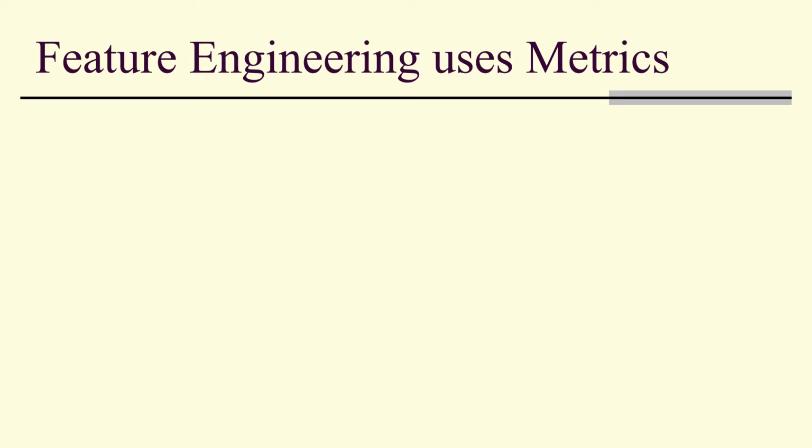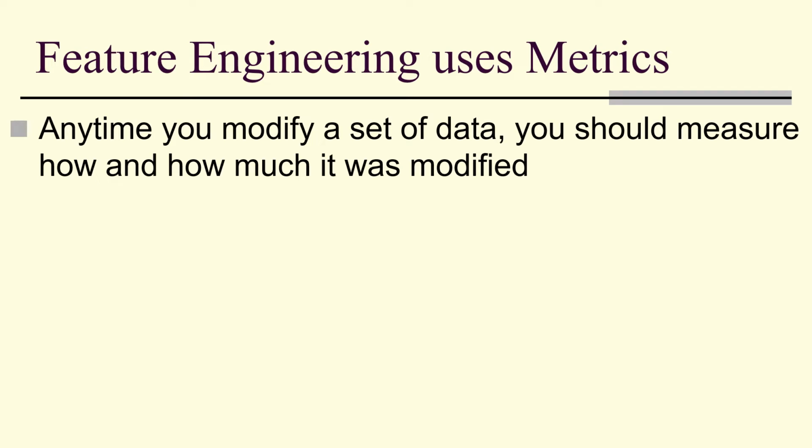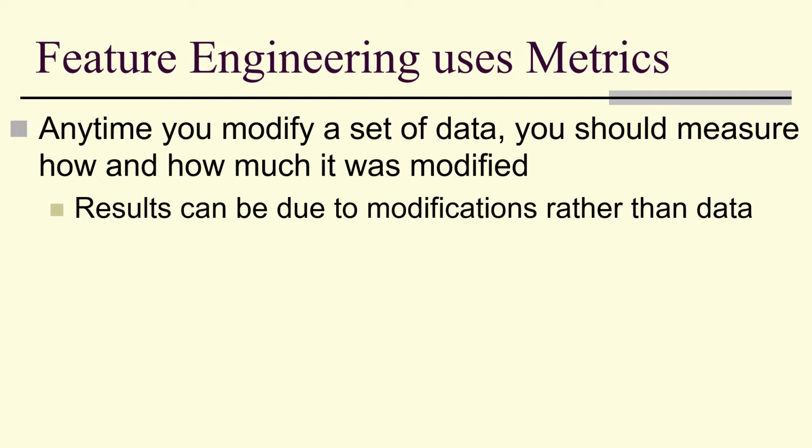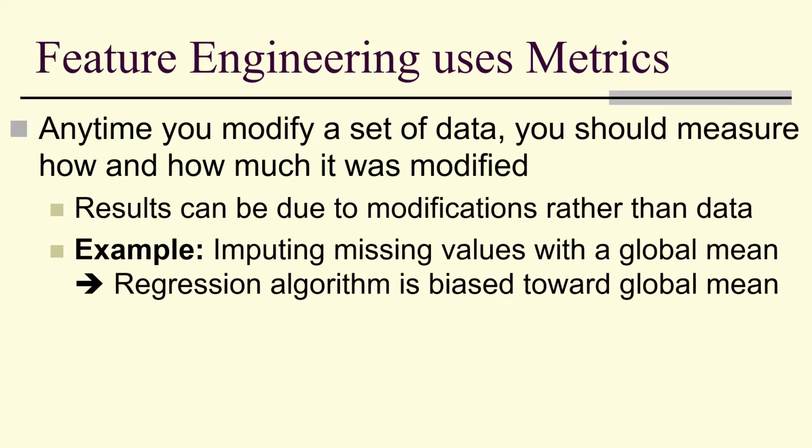Feature engineering uses metrics. Anytime you modify a set of data, you should measure how and how much it was modified. See, results can be due to modifications rather than the data. For example, if you impute missing values with a global mean and then you do some kind of a regression algorithm, it will be biased toward that global mean.